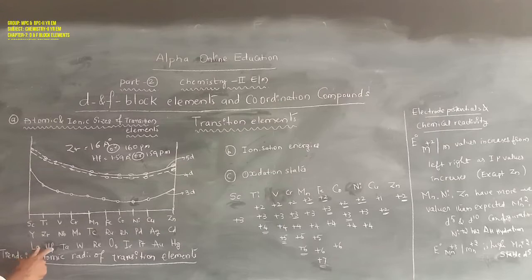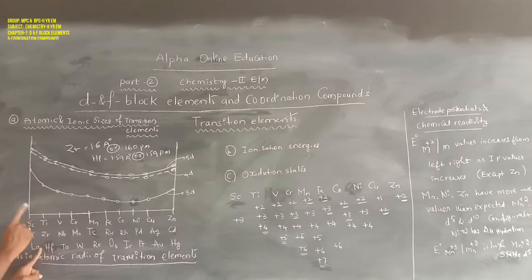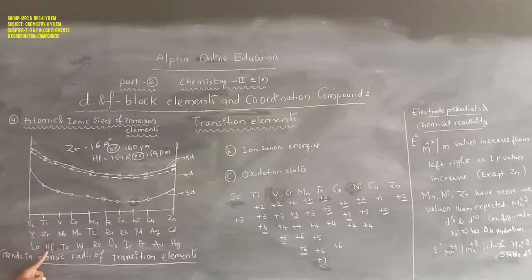In between lanthanum and hafnium there are 14 elements, so a lanthanide contraction happens. Because of the lanthanide contraction, that effect influences the size of hafnium.